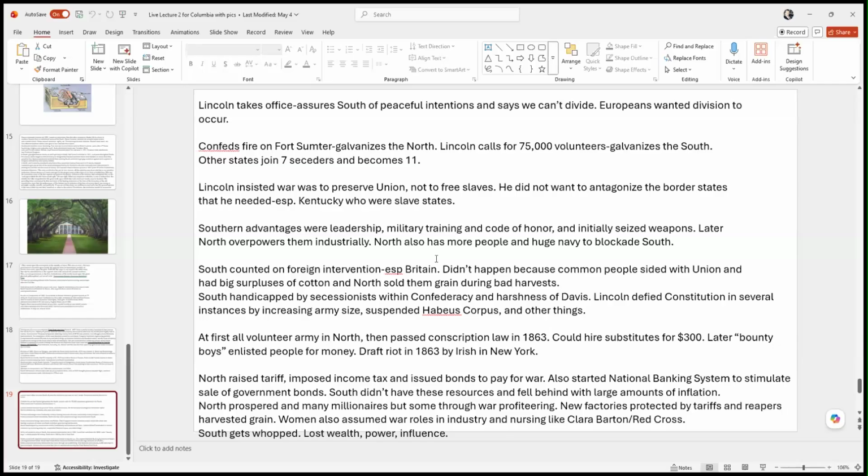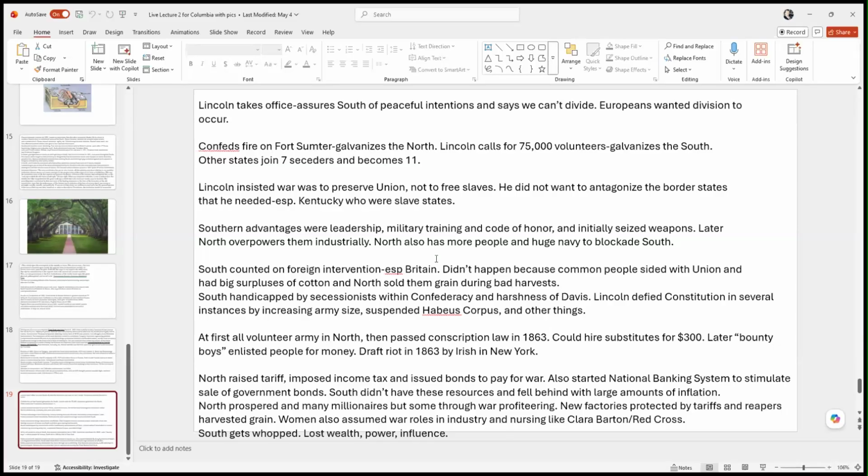their major disadvantage began to show up, and that was a lack of manufacturing power. Most of the manufacturing might in our country was in the north, in the northern cities. So as the war went on, more and more industrial power came to bear, and the North begins to overpower the South.